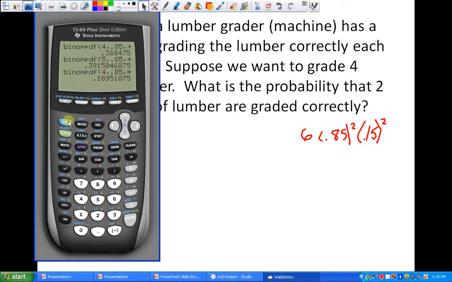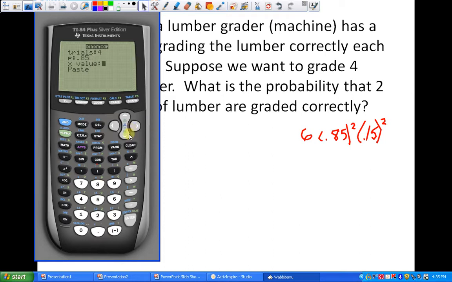Now there's also a built-in function in your calculator. You've already seen it. It's called binomial CDF. What binomial CDF does is it gives you the probability of getting that many successes or less. So we have 4 trials, our probability is 0.85.